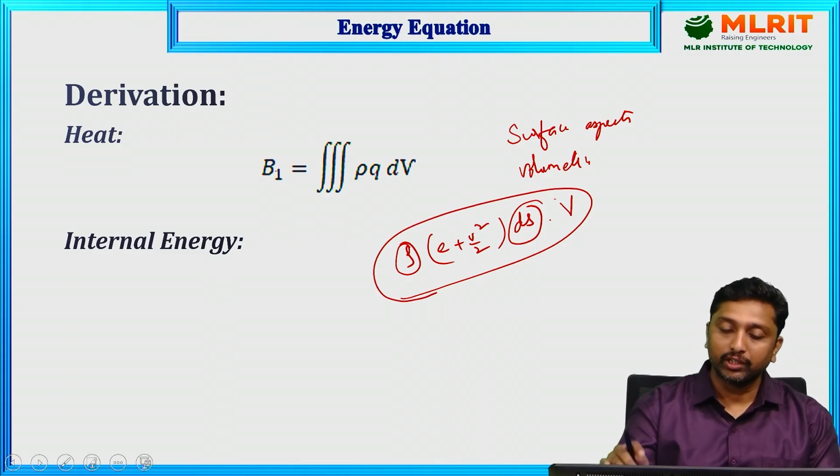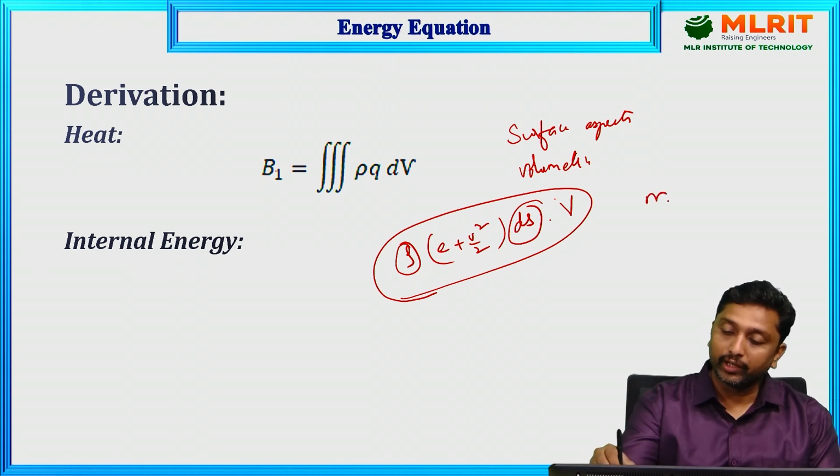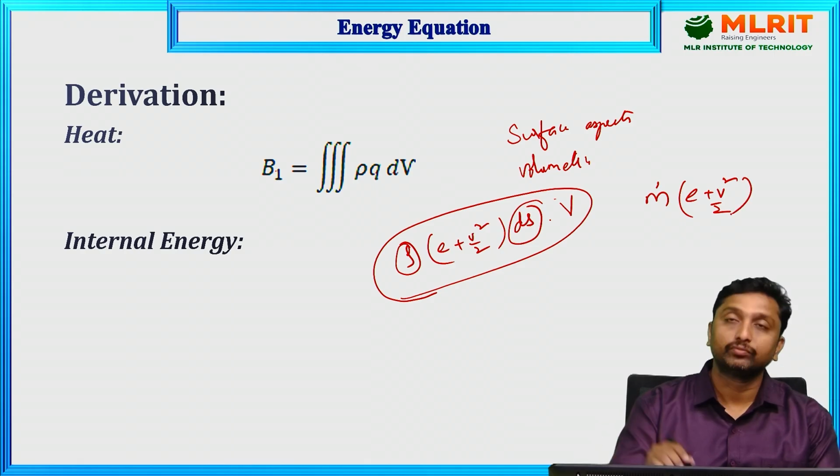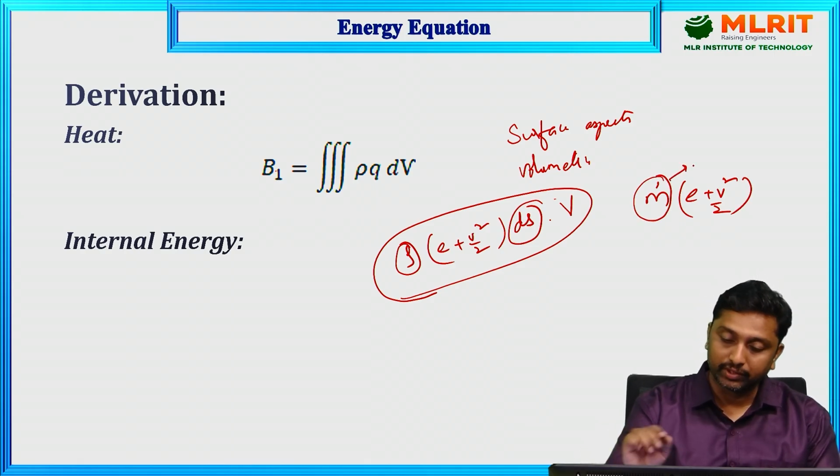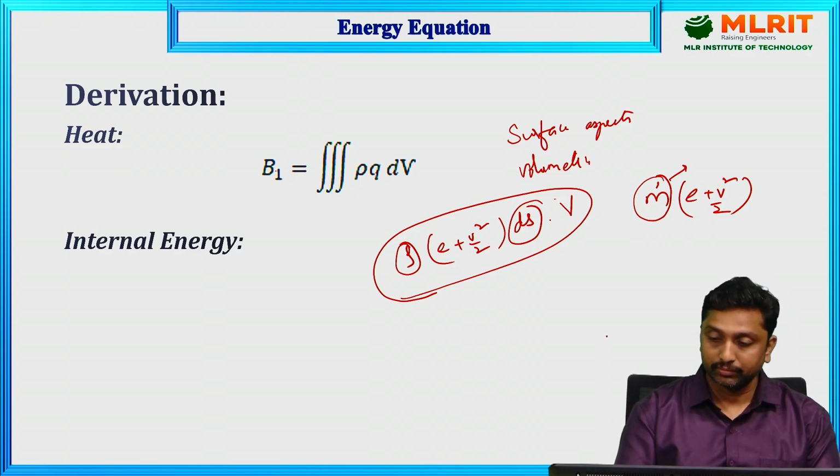So it is something like m dot into E plus V square by 2, where m dot is the mass flow rate through that surface dS.